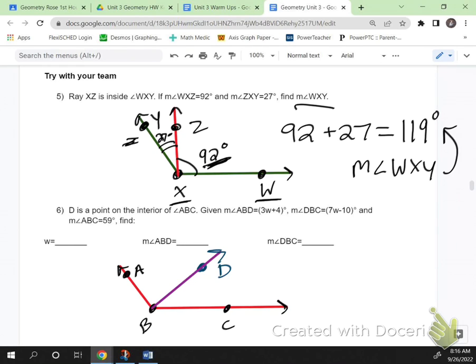It says that ABD has the expression 3W plus 4. So I'm going to put that there. ABD. Then it says DBC has the expression 7W minus 10. And then it tells us that the whole thing is 59 degrees.